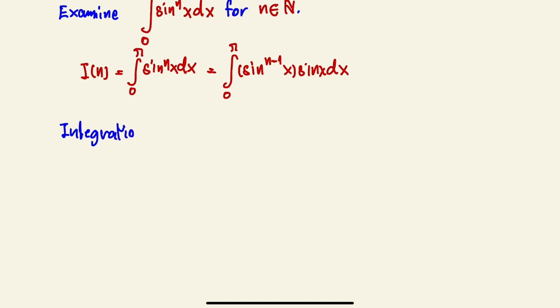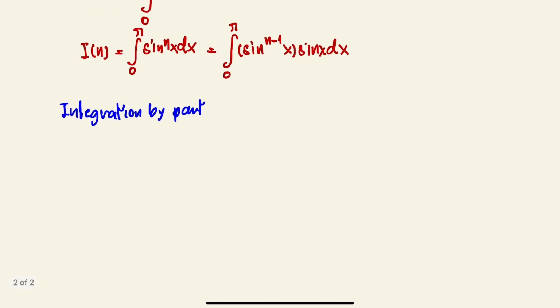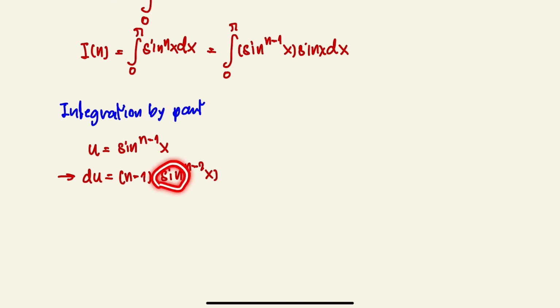Integration by parts. So I will let u be sine raised to the power of n minus 1 x. So we're going to have du. What is du? It's the derivative of sine raised to the power n minus 1, which is n minus 1 times sine raised to the power of n minus 2 x, and the derivative of sine is cosine of x.